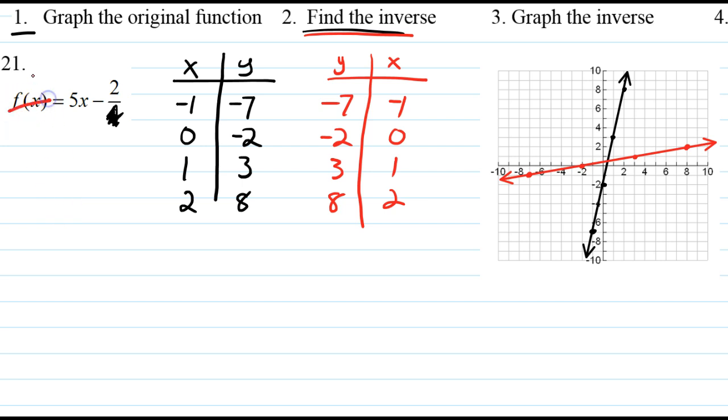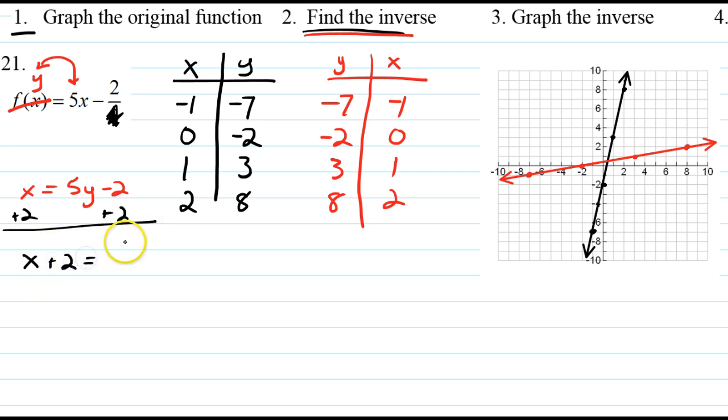So remember, this just is a y, so to find the inverse we switch the y and the x, so we have x equals 5y minus 2, and then we just solve that, add 2 to both sides, so I get x plus 2 equals 5y, divide everything by 5, and so I get 1/5 x plus 2/5 equals y.